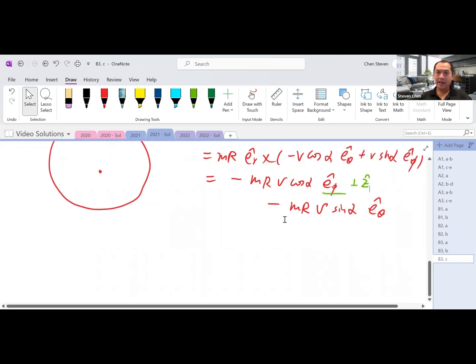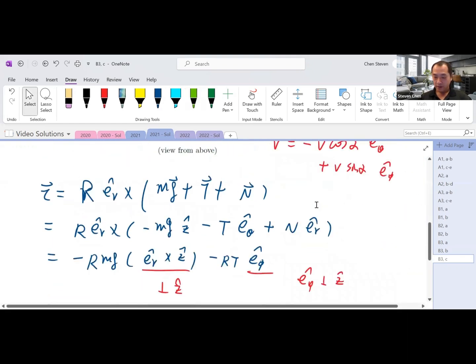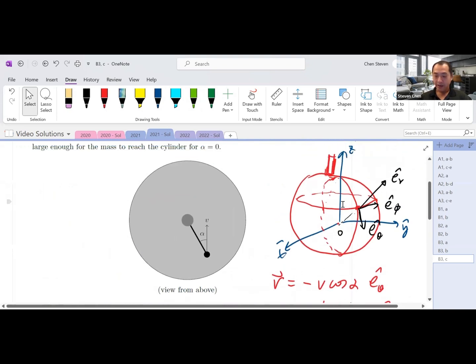We don't need to look at it anymore. We just look at E theta, right? Let's see what its z component is. Let's look at the spherical diagram.